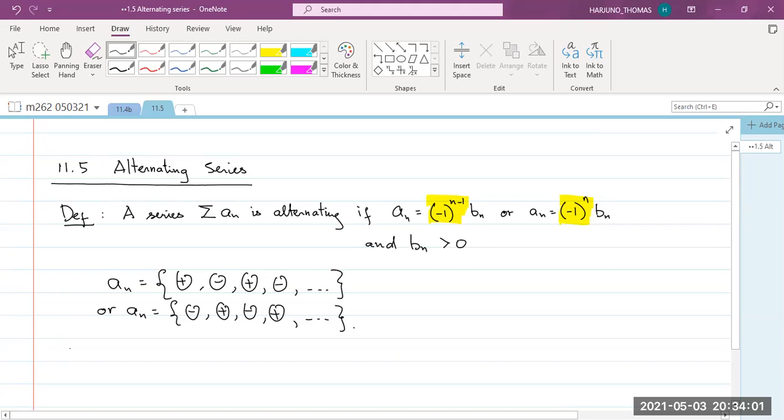Okay, now from section 11.1, we learned that if the absolute value of A sub n converges to 0, it implies the sequence also converges to 0.